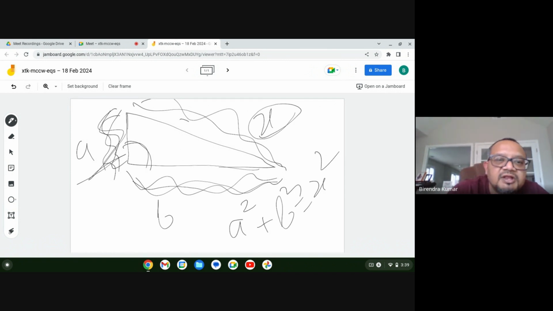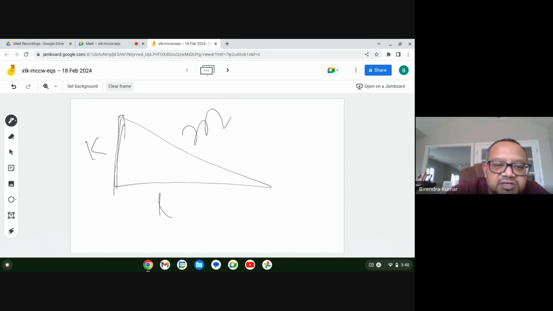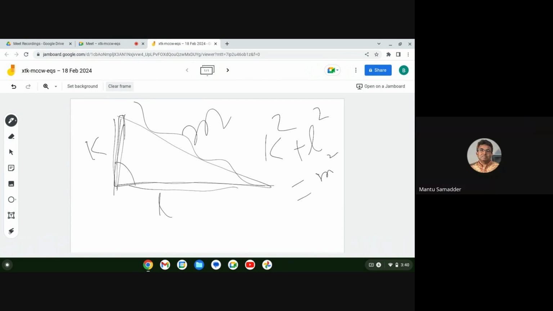Now if you are dealing with a right angle triangle, this is K, this is L, this is M. Pythagorean theorem says the sides making the right angle, meaning this side and this side, K square plus L square equals M square. Why am I explaining it this way?